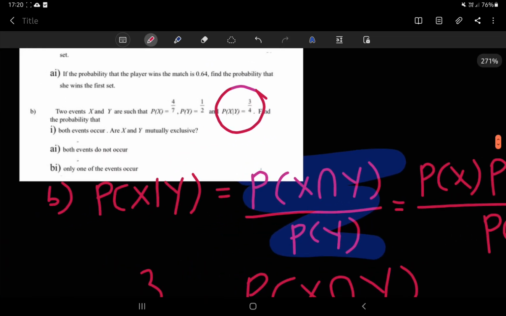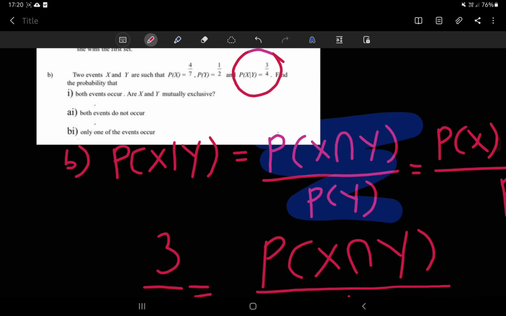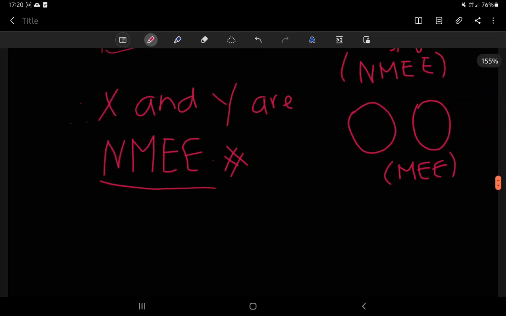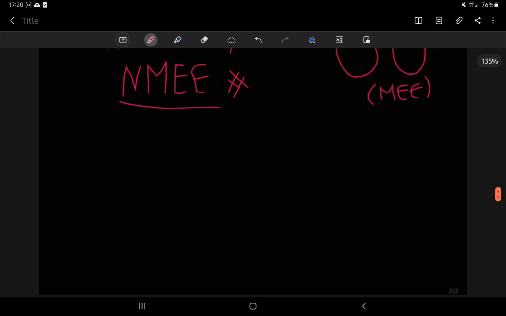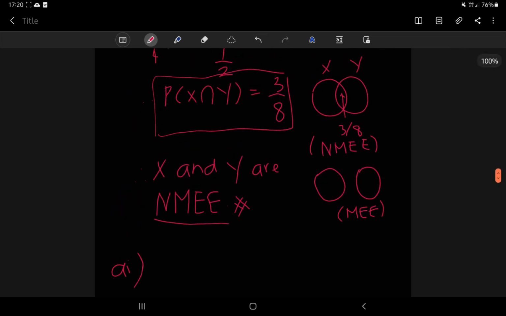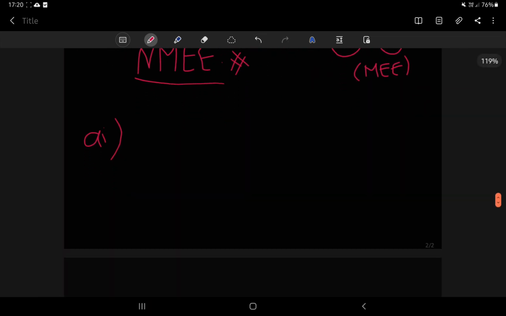Okay, so the second one is to find that both events do not occur.